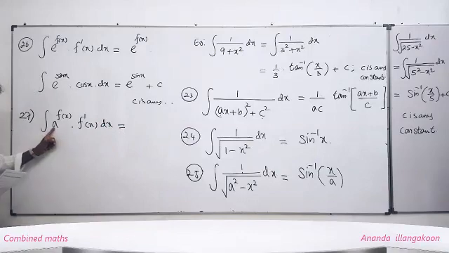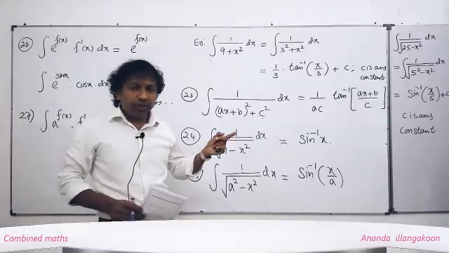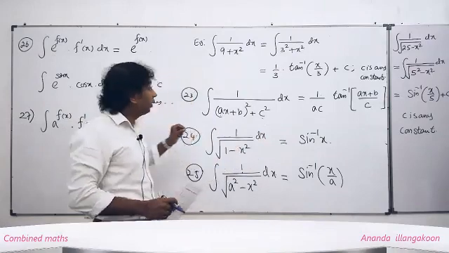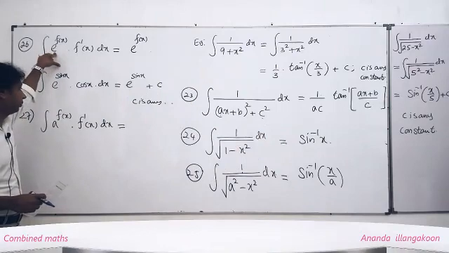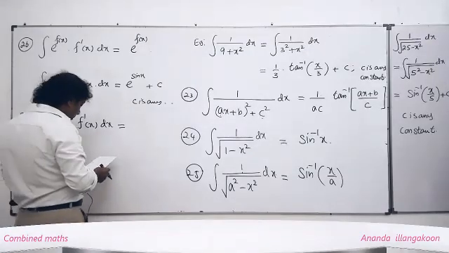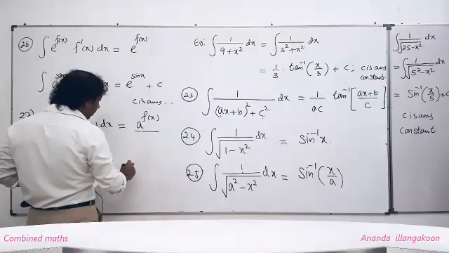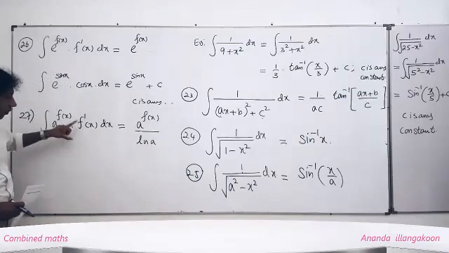You will now note that this a is a constant real number. People, here you know this e, which appears when you define the exponential function e to the x. Now here this a is any real number, and it should be a positive real number. Then here the answer is going to be a to the power f(x) divided by ln a.